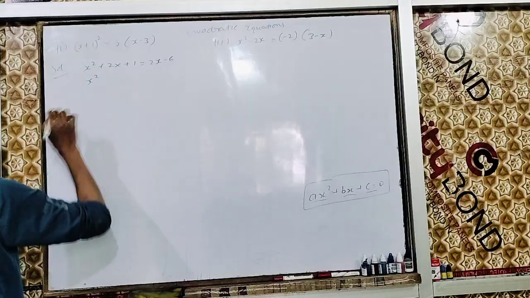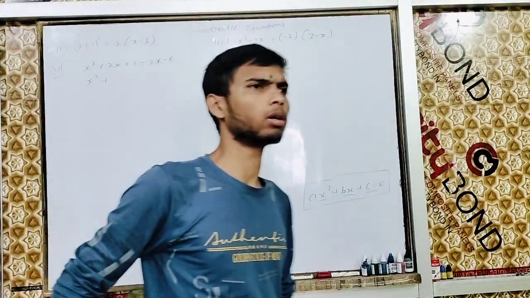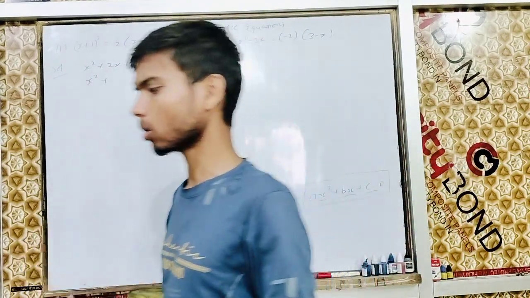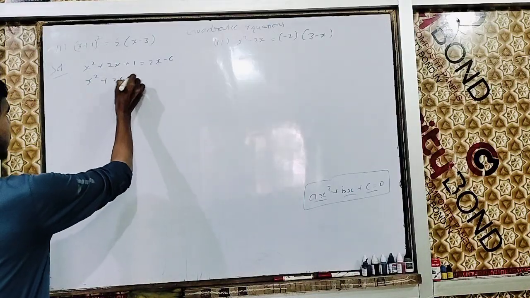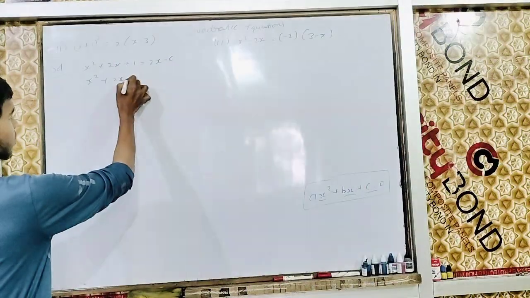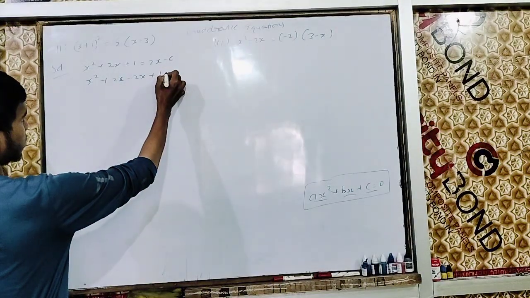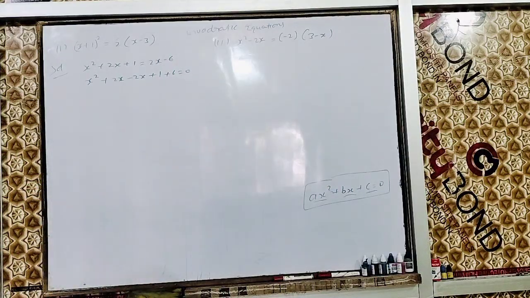We have applied algebraic identities. Now all variables are put on one side and all constants on the other side. For example, 2x and this 2x will come to this side, then plus 1 and then plus 6 is equal to 0. What is happening over here?